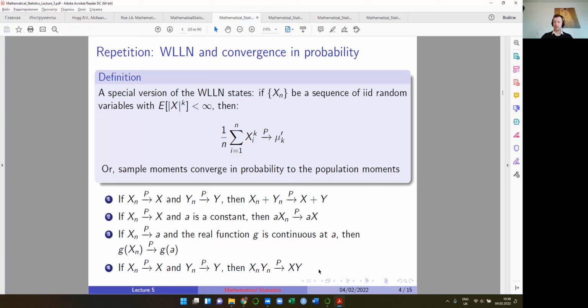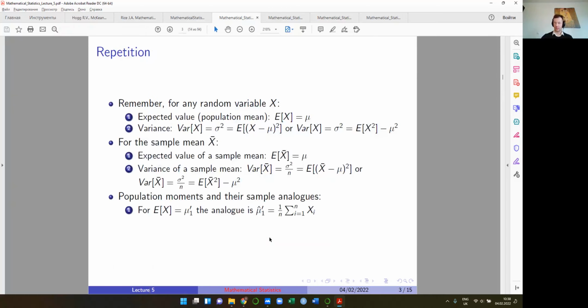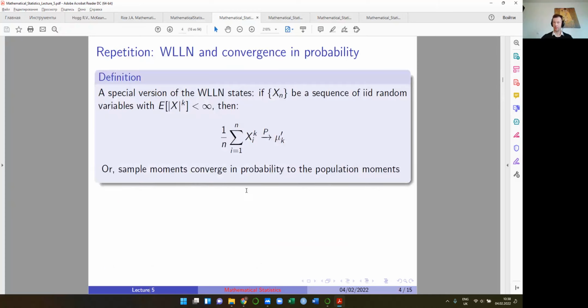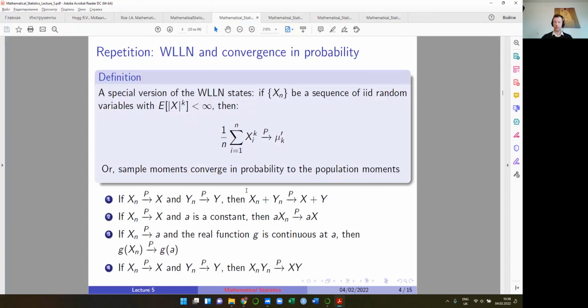So maybe now it seems something abstract. As I said, today we will use these properties to prove something. Okay, so that was a repetition: repetition of the variance computation, repetition about population and sample moments, and repetition about the law of large numbers and properties of convergence in probability.